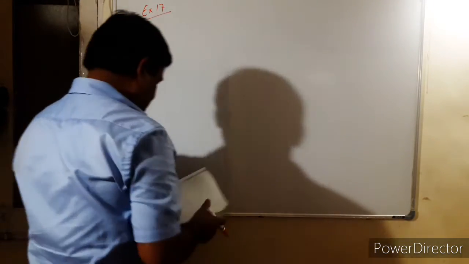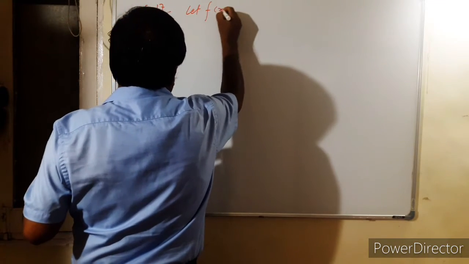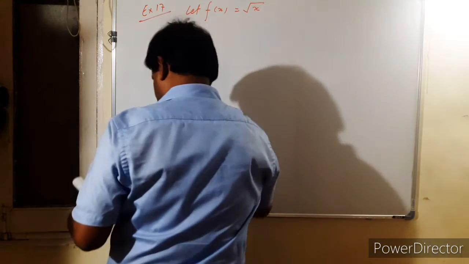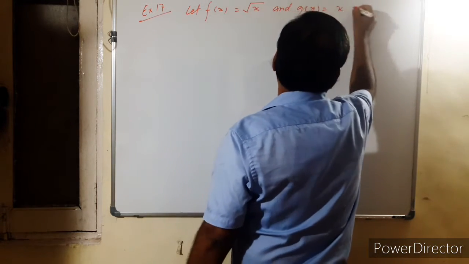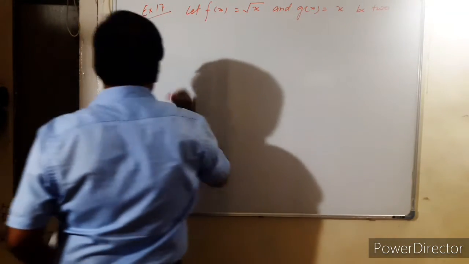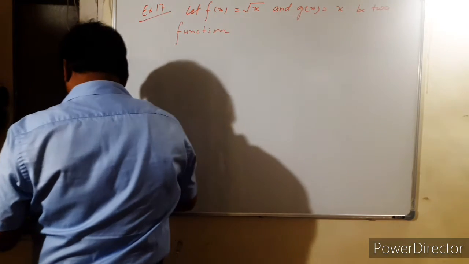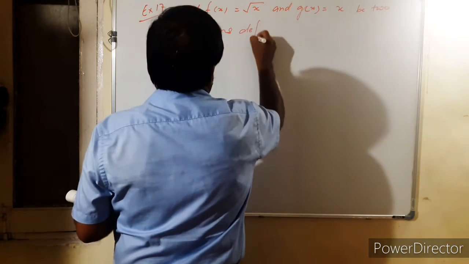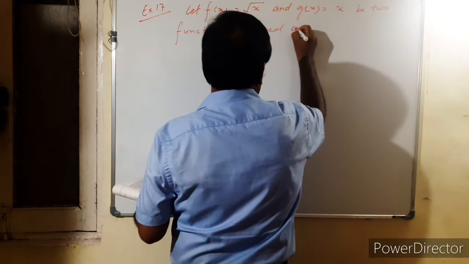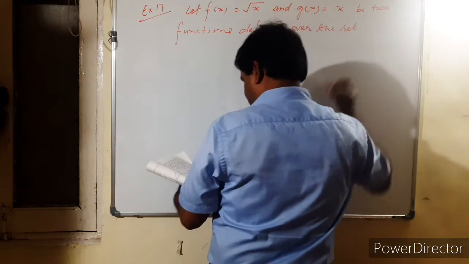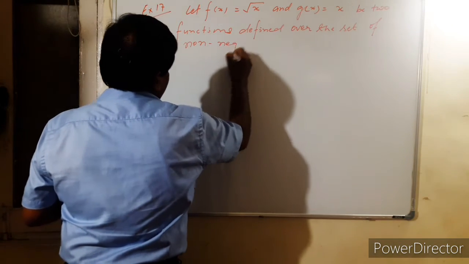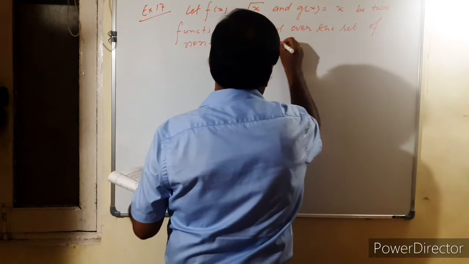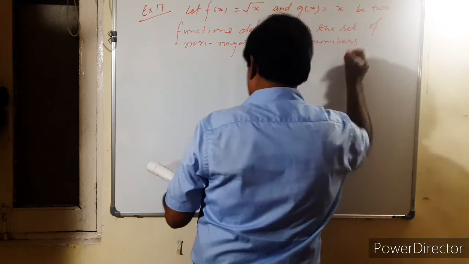Now example number 17. Let f(x) is equal to root x and g(x) is equal to x be two functions defined over the set of non-negative real numbers.